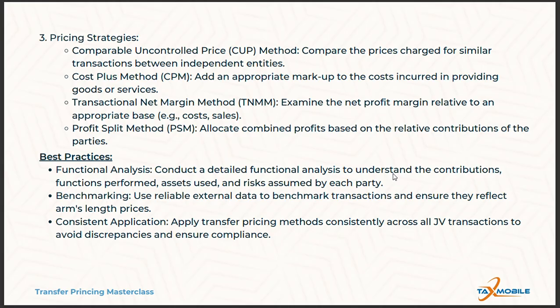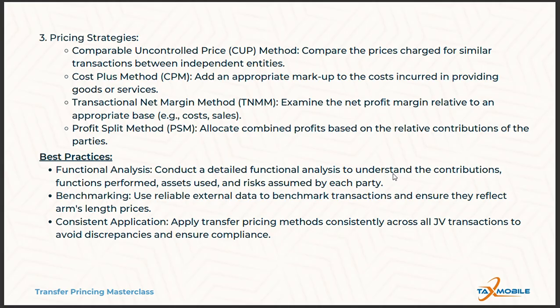Below are some common transfer pricing methods. We have the comparable uncontrolled price method. This method compares the prices charged in similar transactions between independent parties. It is suitable when comparable transactions exist, such as for the sale of standard products or services.